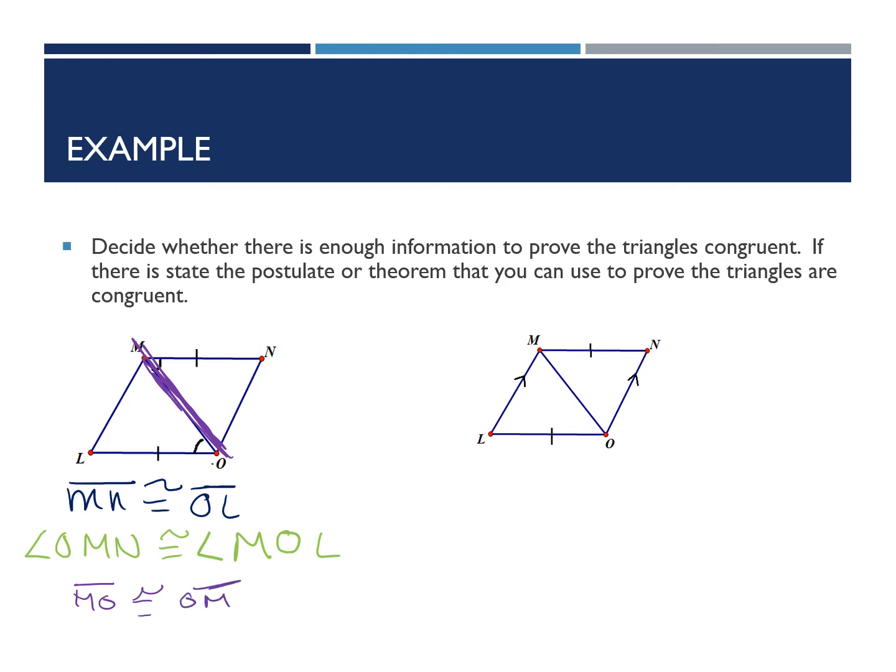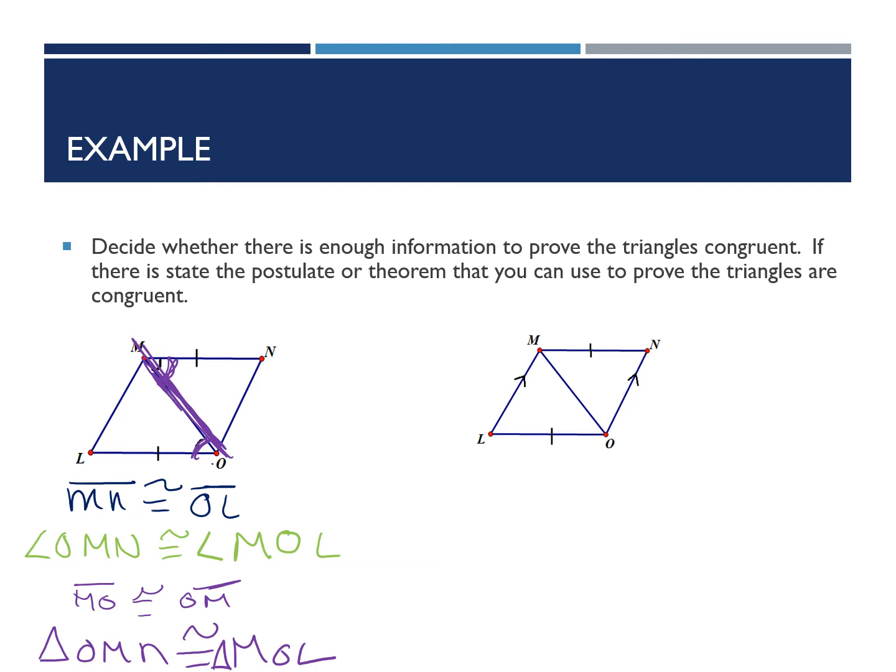Okay, so there is enough information to say that this is congruent, and it's congruent by side angle side. So we can take this angle, the angle OMN, and make it a triangle and just say, there's my congruent statement, that those triangles are congruent.